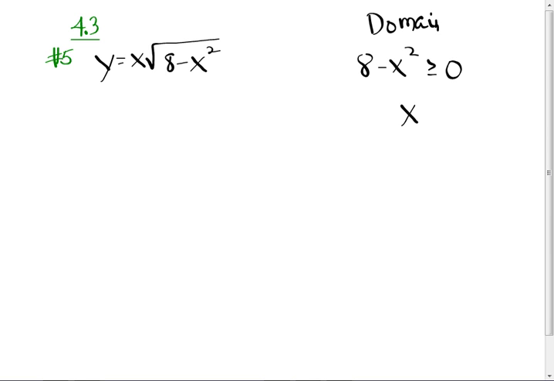So x squared has to be less than or equal to 8. So x is going to be between the square root of 8 and negative square root of 8. Guess what I just did? I just closed the interval. Domain.